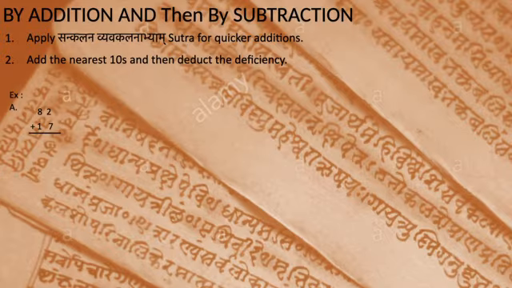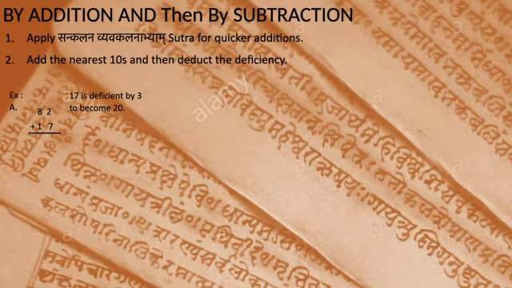Here we can notice that 82 is nearer to 80 and excess by 2, or if we want to look at the next tens, it is nearer to 90 and deficient by 8. Similarly, 17 is deficient to become 20 by 3.